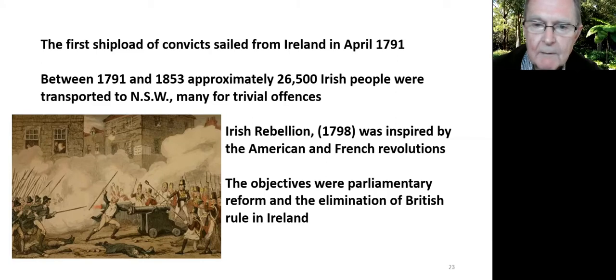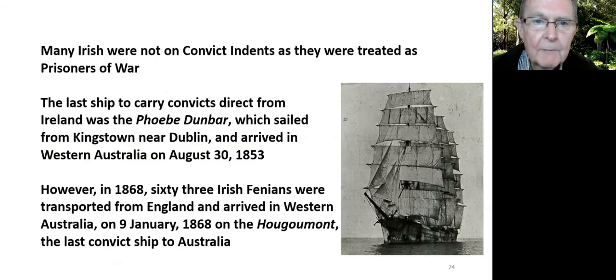And as a result of the Irish Rebellion in 1798, the objective of which was parliamentary reform and also to eliminate British rule in Ireland, there were a lot of Irish people sent out on the convict ships. Interestingly enough, many of the Irish were not recorded as convicts because they were treated as prisoners of war.